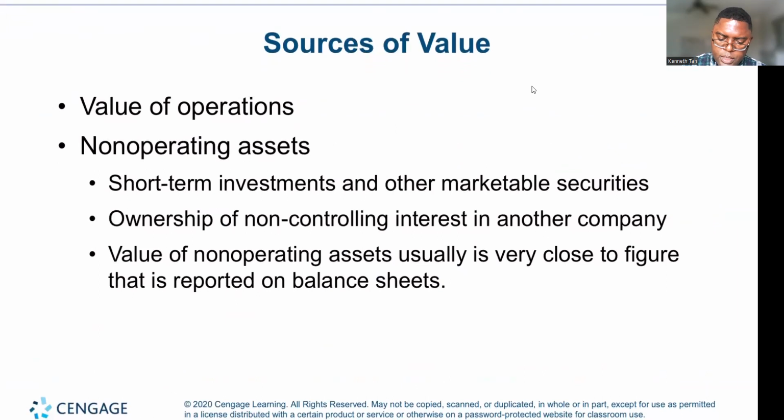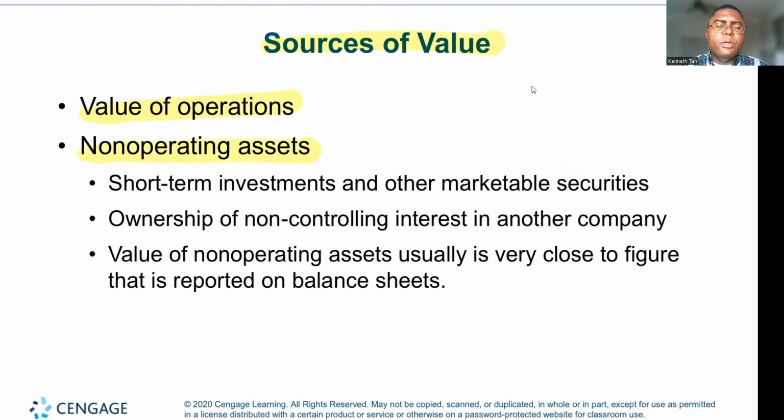All right, sources of value. For a company, sources of value can be the value of operation, or the company can get value from non-operating assets. The value of operations is the primary source of value for most companies.